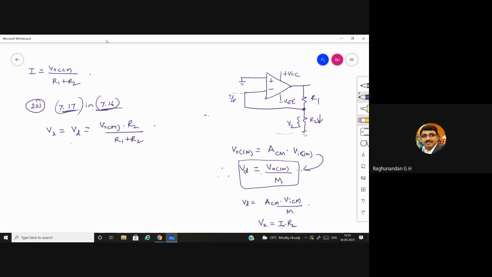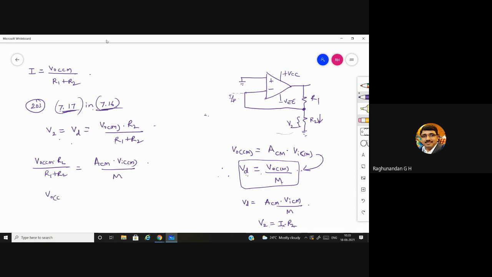Now comparing this V2 equation with the Vd equation, these two equations are compared. So V0 CM into R2 by R1 plus R2 is equal to ACM into VI CM by M. Now we rearrange this equation, and we need an equation for the common mode output voltage.